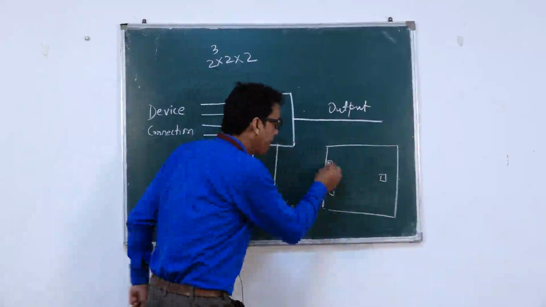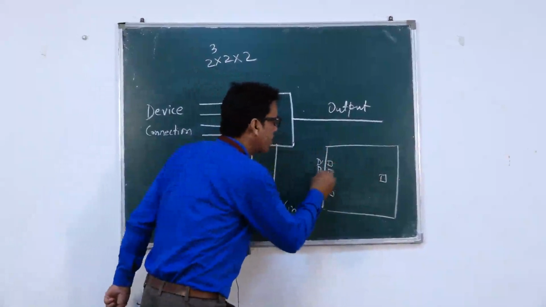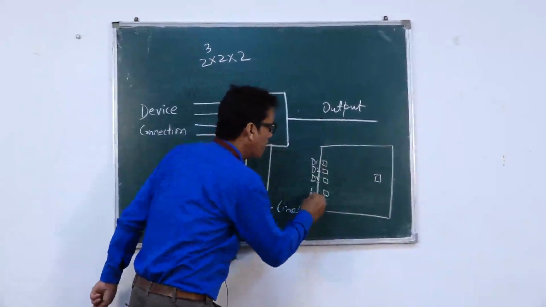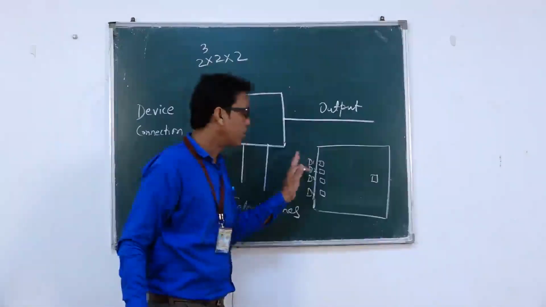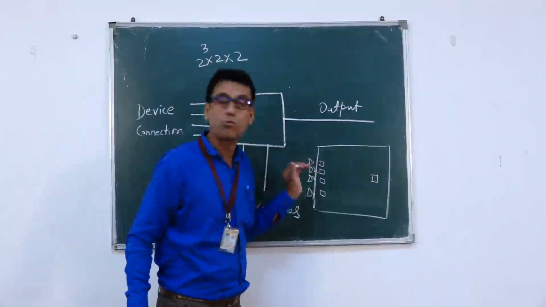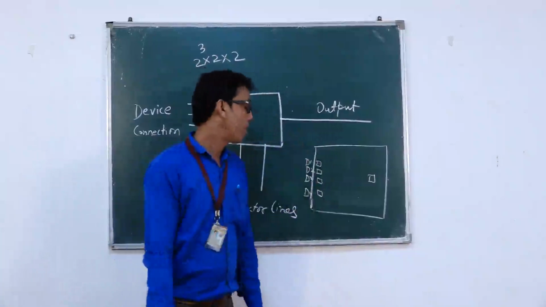Suppose this is D1, this is D2, this is D3, and this is D4. Sometimes D1 sends data, sometimes D2, D3, and D4.